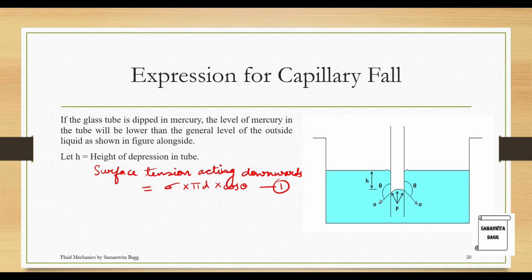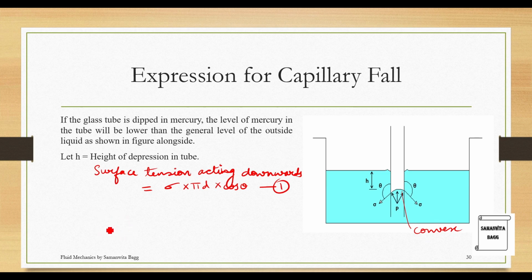So the other force which acts is nothing but the hydrostatic force. You can see here this pressure is actually what is maintaining this level of mercury in the capillary tube, and this is going to be a convex form.